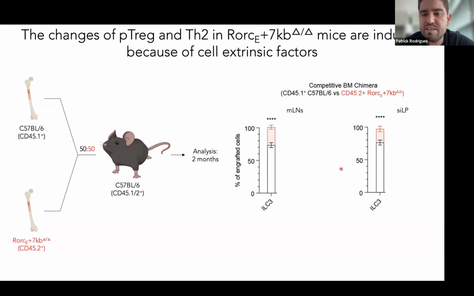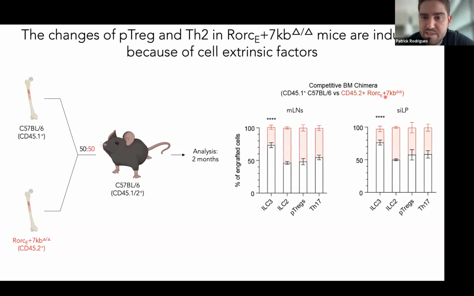And what you can clearly see is that if you gate on the ILC3 compartment, the majority of ILC3s in the mesenteric lymph nodes, as well as in the small intestine lamina propria, were mostly derived from the wild-type compartment. And very little was actually from the RORC plus 7kb enhancer knockout. However, when we now checked for Rorγt expressing T cells, we could clearly see that they are formed by both the wild type and the enhancer knockout mouse.